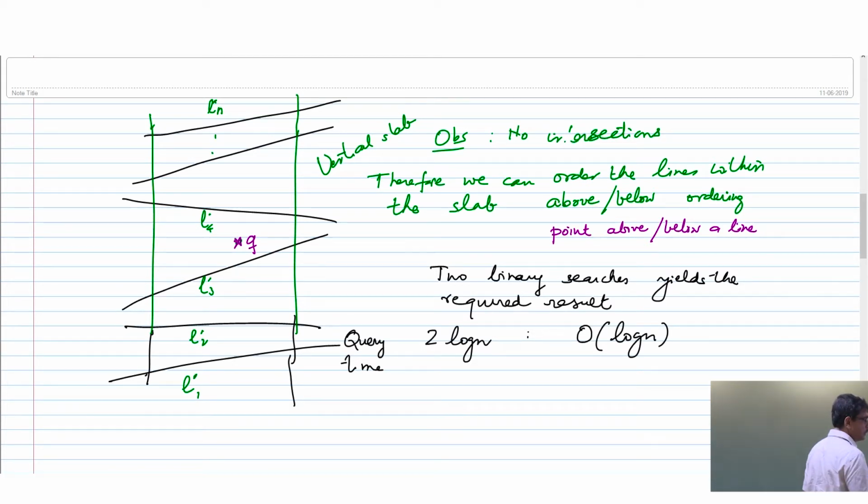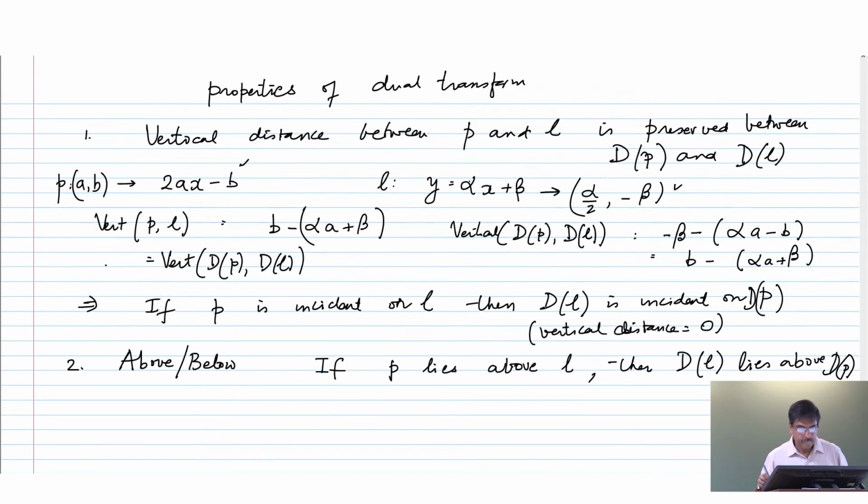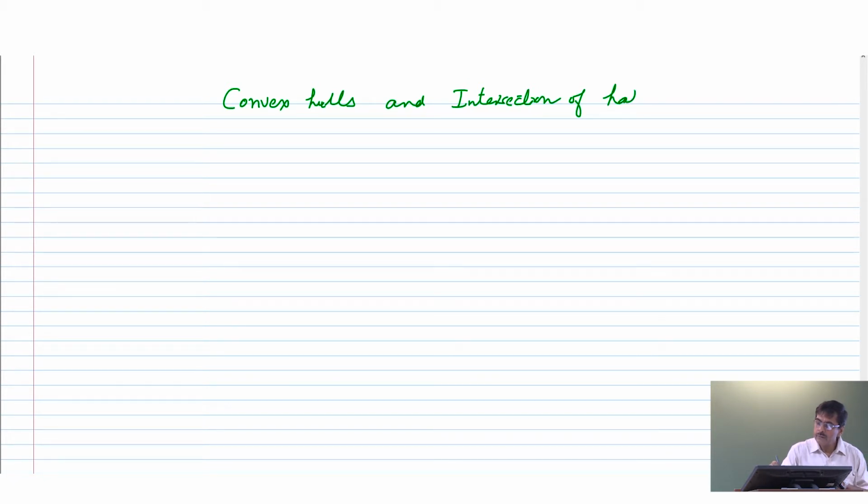Okay. So let me show you some more applications of the dual transform. You must have done some lectures already on convex hulls, and how about intersection of half spaces, half planes? Okay.